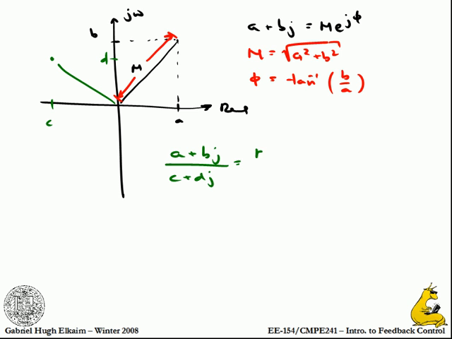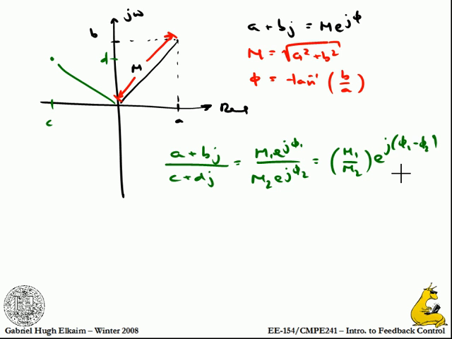So this is going to be M1 e to the j phi 1, divided by M2 e to the j phi 2. So far, with me? Well, this is just equal to M1 over M2 e to the j (phi 1 minus phi 2). Anyone not seen this before? Okay. Am I boring you?